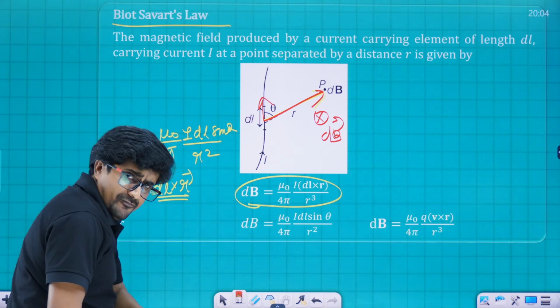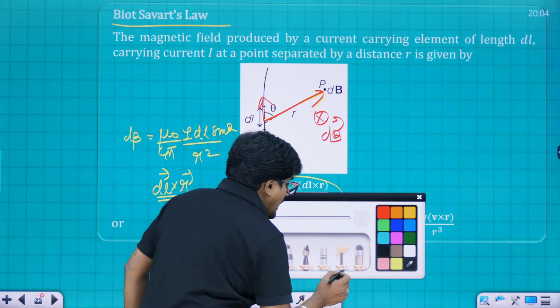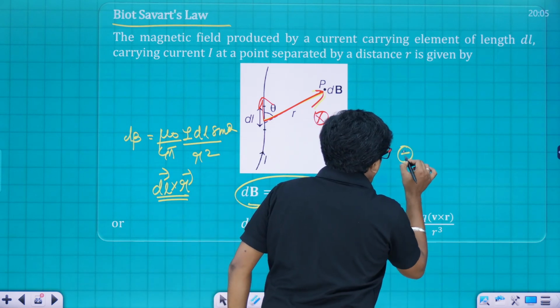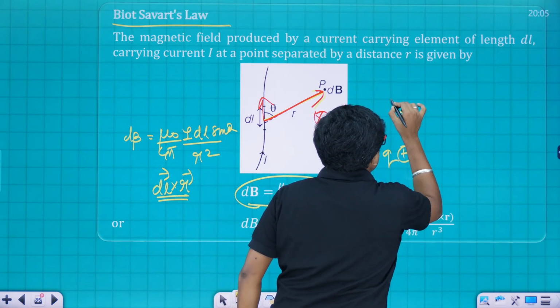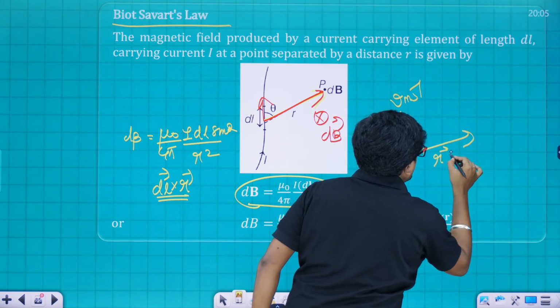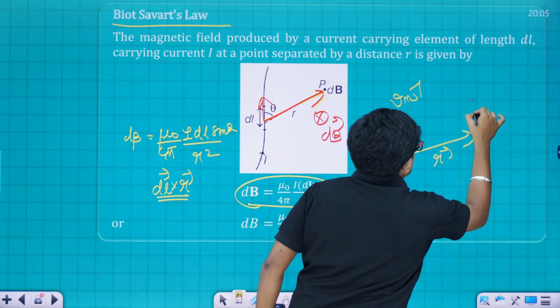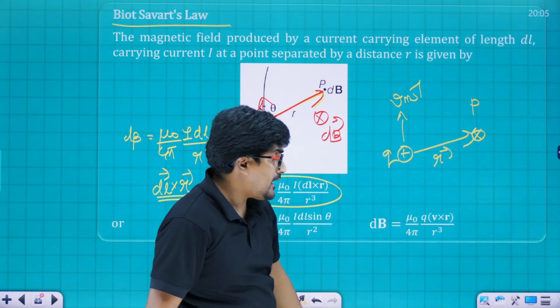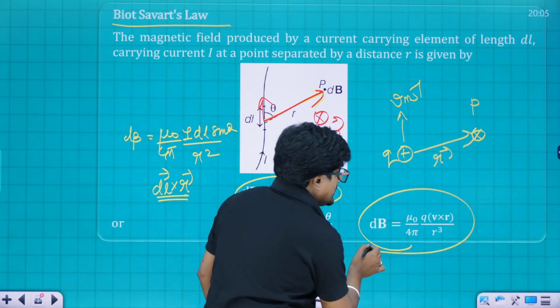Now if they are telling us about a charged particle of magnitude q moving with a speed of v meter per second, and if we need to find out the magnetic field at any particular point P, which is at a distance of small letter r, at any moment there, this is going to be the magnetic field.